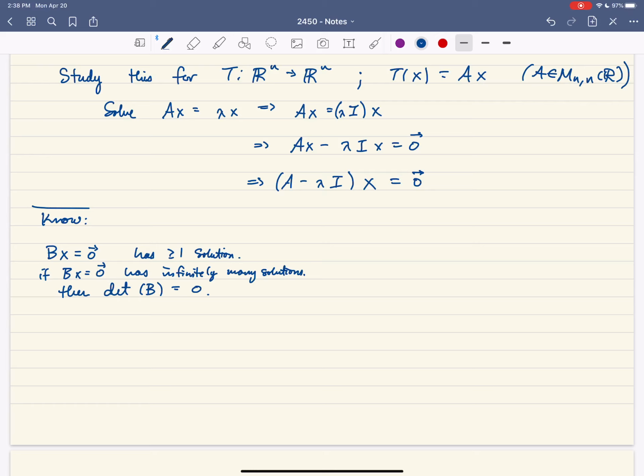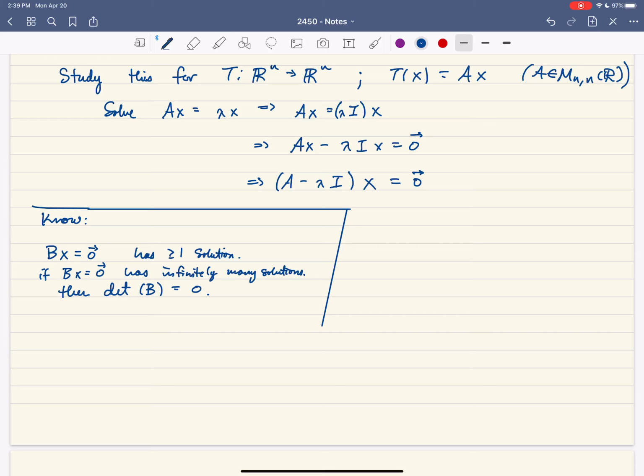Because if the determinant of B is non-zero, then B has an inverse, and Bx equals 0 has a unique solution. So if we want not to have a unique solution, then B must not have an inverse, and therefore its determinant must be 0. So what that means for us is that we really want this A minus lambda I quantity to have determinant 0.